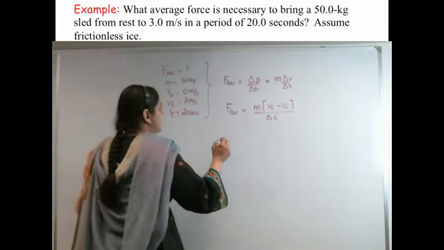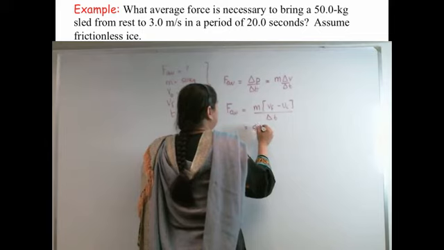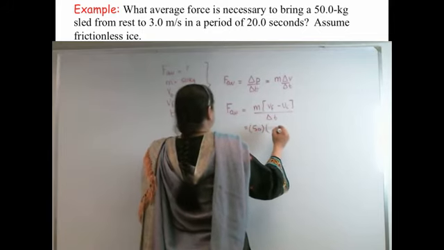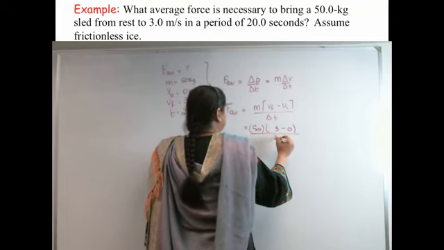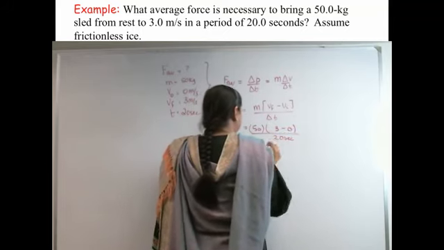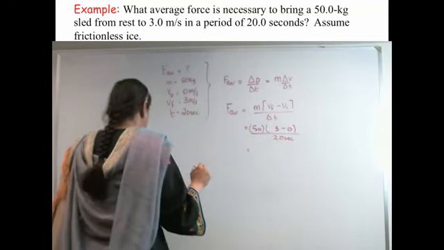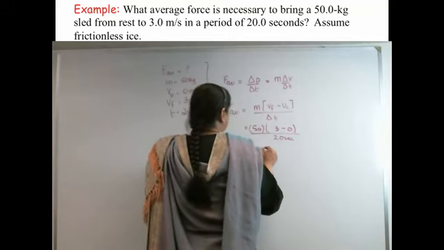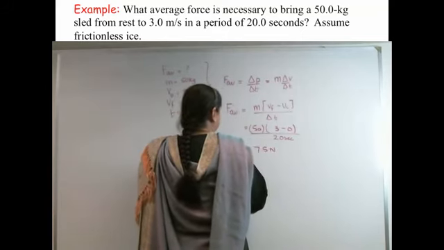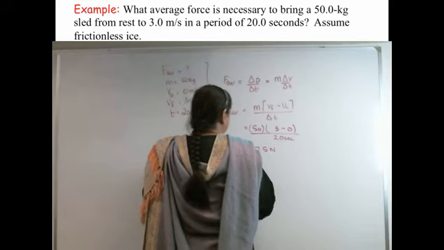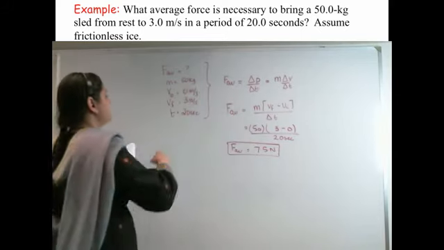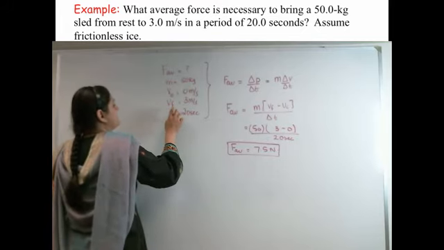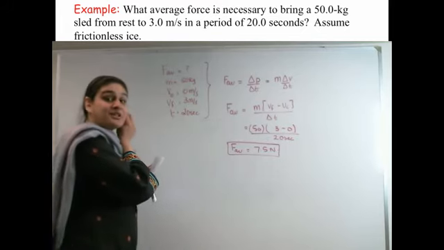In this case, my mass is 50, my final velocity is 3, my initial velocity was 0, and the change in time is 20 seconds, and my answer comes out to be 7.5 newtons. So this is the average force that I need in order to make my 50 kilogram mass go from 0 to 3 meters per second.